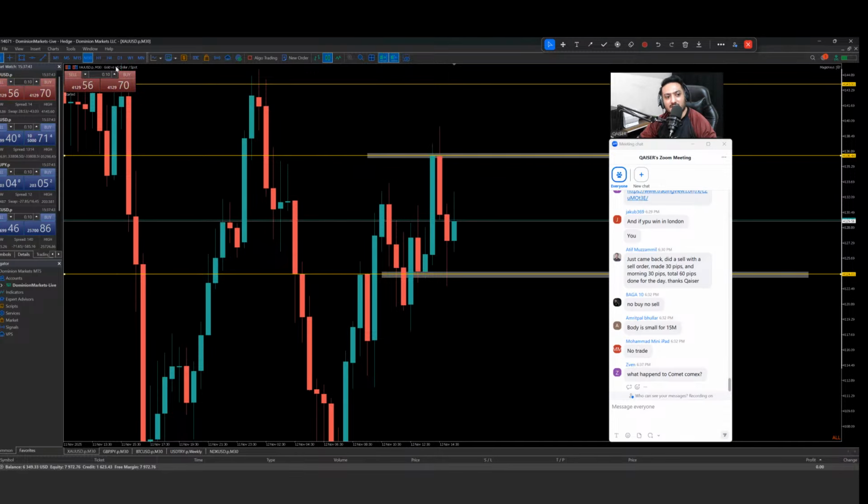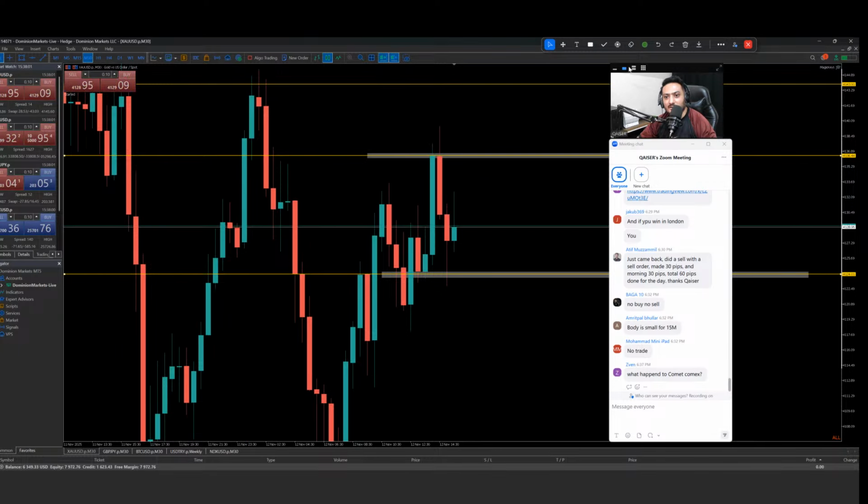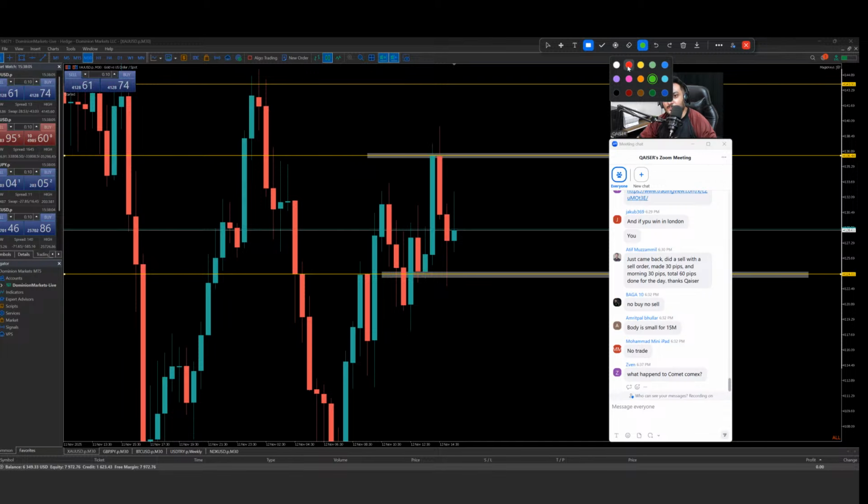Let me print a scenario here. This candle, I would like to see for the buys. This candle must look somehow like this. If the 50 minutes looks like this, then there's a probability the 30 minute will look like this, with a long rejection wick and a small body.